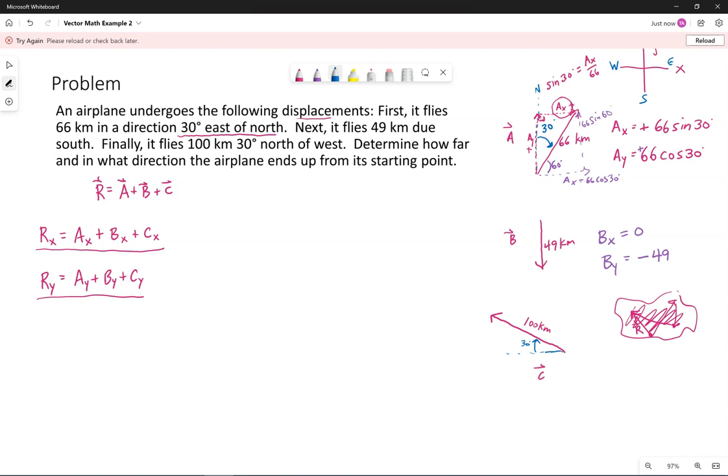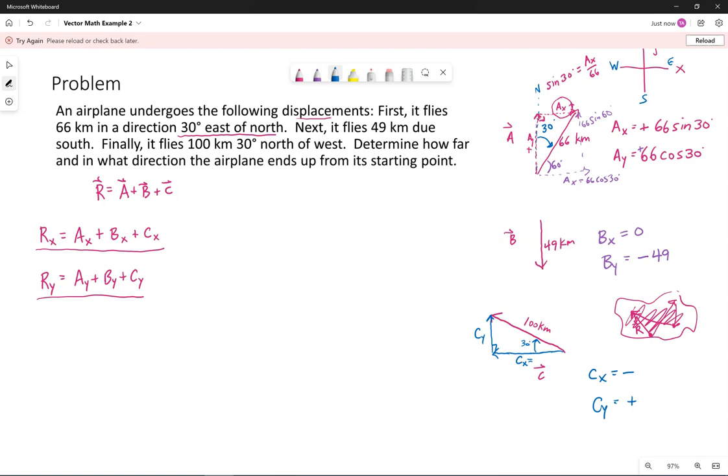Vector C, we can see drawing the x component in, we go to the left, and then drawing the y component in, we go up. So the x component is going to be negative, the y component is going to be positive. Looking in this triangle, this x component here is adjacent to this angle of 30 degrees.